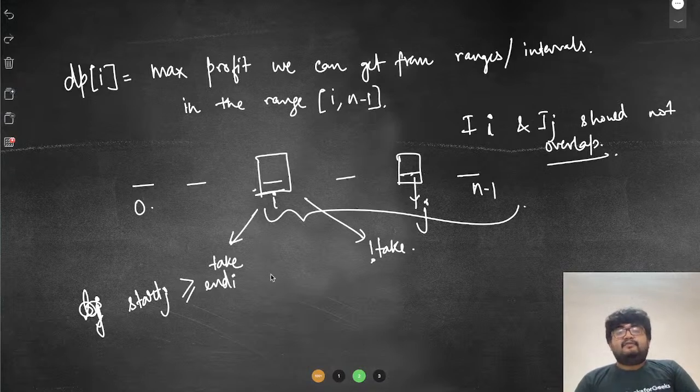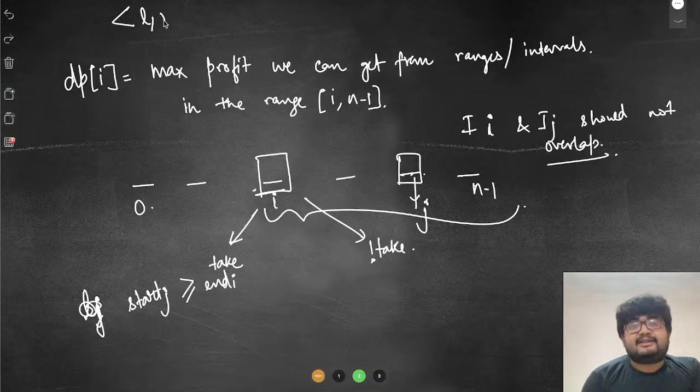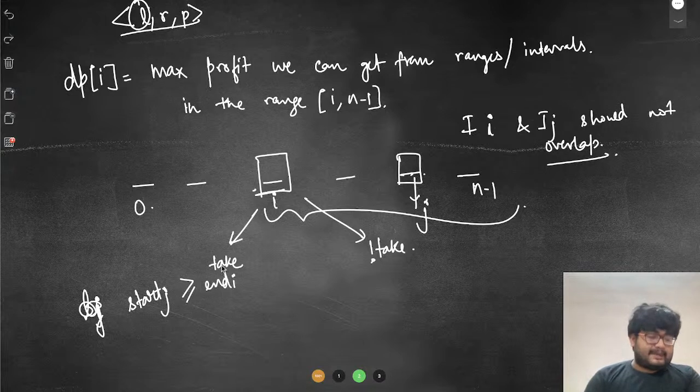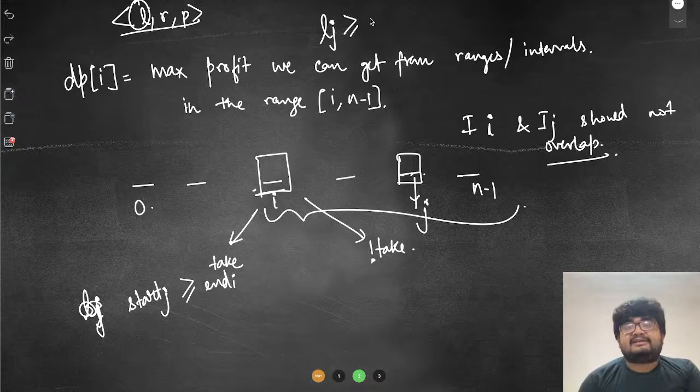That means we have to find the first index j. We are sorting all the ranges with respect to their L values, so we can binary search. We have a condition that we want to find L of j greater than or equal to some value.